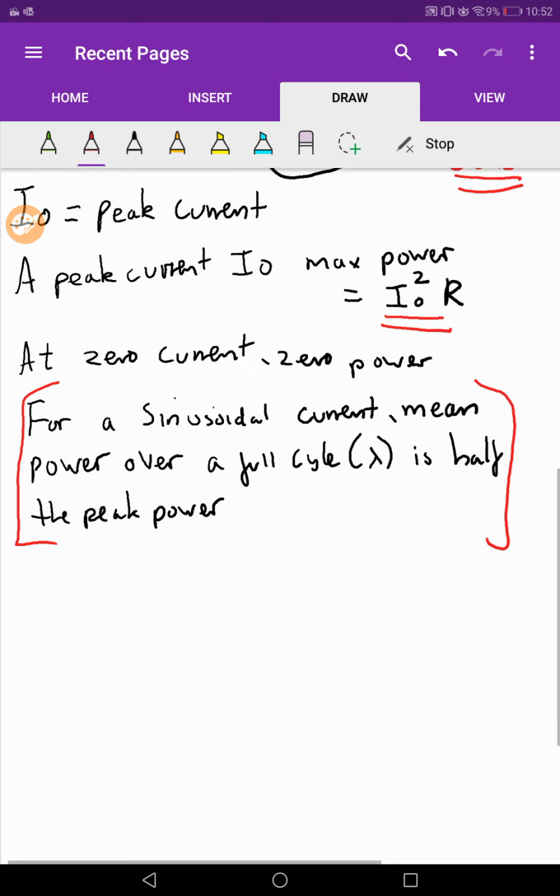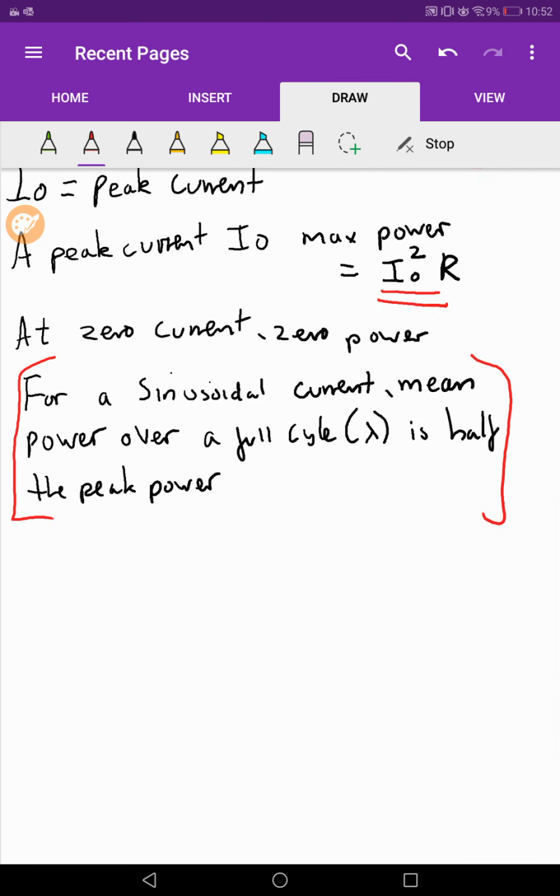So for a sinusoidal current, the mean power over a full cycle is half the peak power. So, therefore, the mean power given to this heater would be equal to I naught squared R over 2. So that's the mean power given.